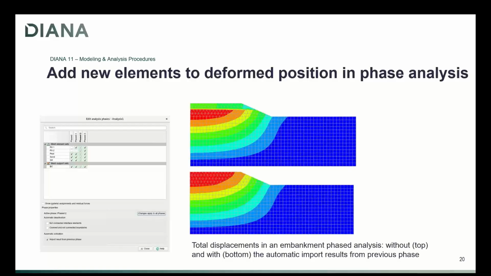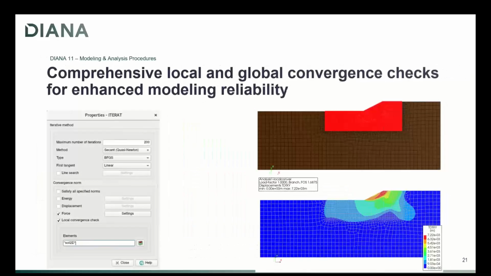Then the deform import load will be generated internally, and also the necessary support, everything will be generated internally. And on the right side, we see a comparison with and without doing it. On top, if we don't do this deform import treatment, then we have discontinuity in the displacement field, while in the lower picture the deformation pattern is as expected. Next slide, please.